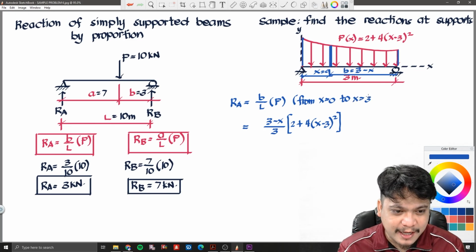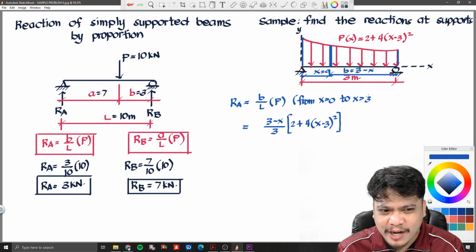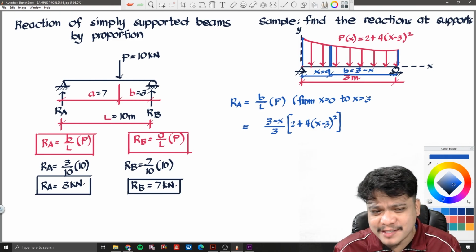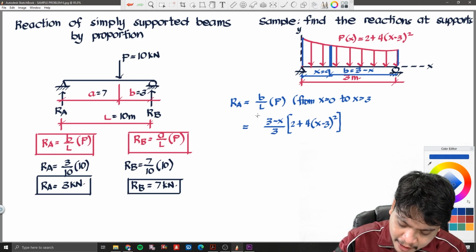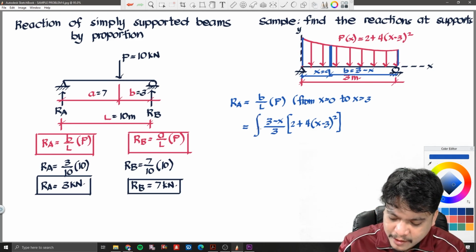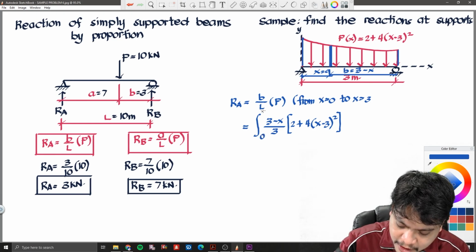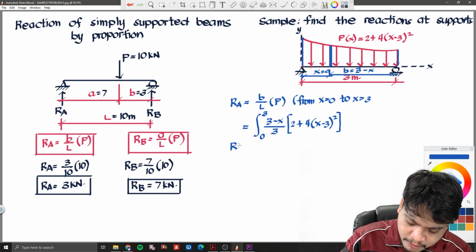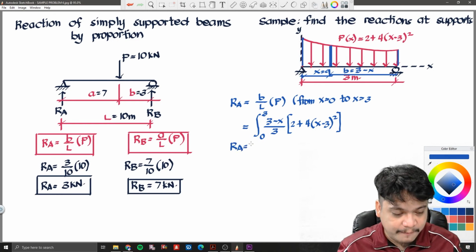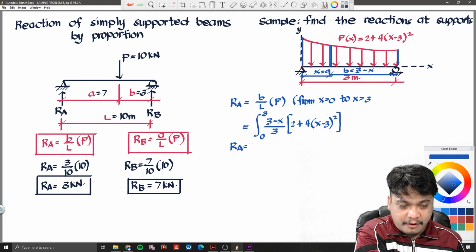Tapos, sabi natin kanina, para makuha natin, kailangan makuha natin yung total area niyan eh. That would be the resultant eh. Okay? So, parang kinukuha yung area. Papalakarin natin ngayon. Kaya i-integrate natin siya. So, again, from x equals 0 to x equals 3. Okay? And that now would be your reaction at A. Okay? So, we will be having here, madali na yan.